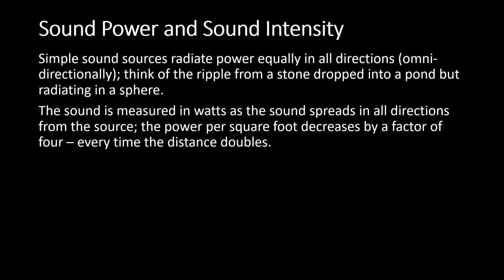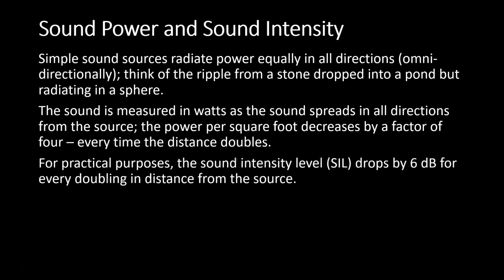And sound is measured in watts as the sound spreads in all directions from the source. The power per square foot decreases by a factor of 4 every time the distance doubles. So for practical purposes, the sound intensity level drops by 6 dB for every doubling in distance from the source.